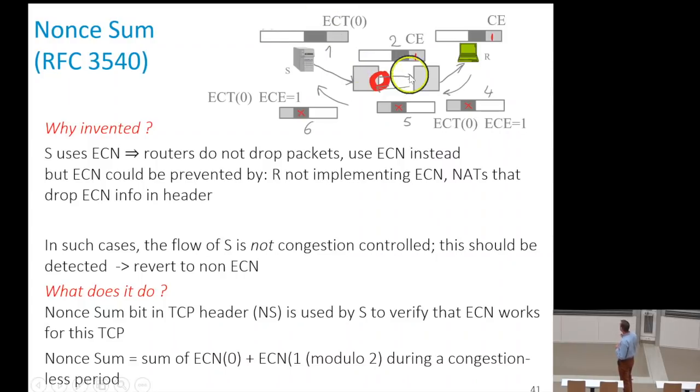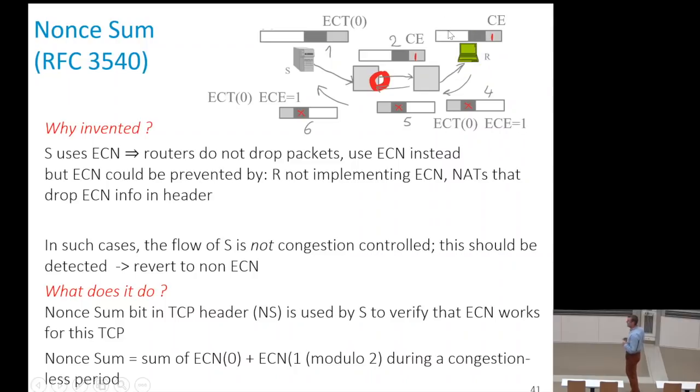So if some of the systems don't do what is expected, for example, if the destination pretends to be doing ECN even though the fields that it receives are erased, or it does not support ECN at all, then there will be a mismatch here. In particular, that is in the case where the NAT box is dropping the values.